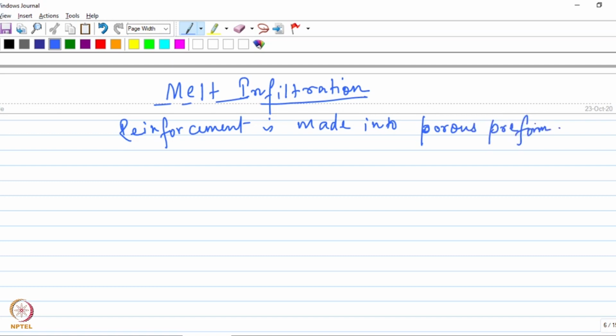Once you make this preform, it is infiltrated by the liquid metal, so that all the pores will be filled by the liquid metal, and as you solidify it, it will give rise to a solid composite. Because now the metal will surround the reinforcement phase as it is solidified, and give rise to a composite. And this infiltration can be done with or without pressure.